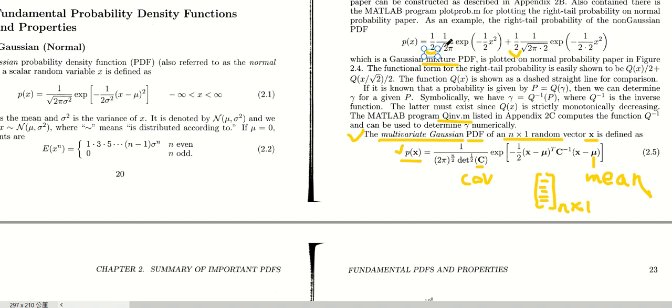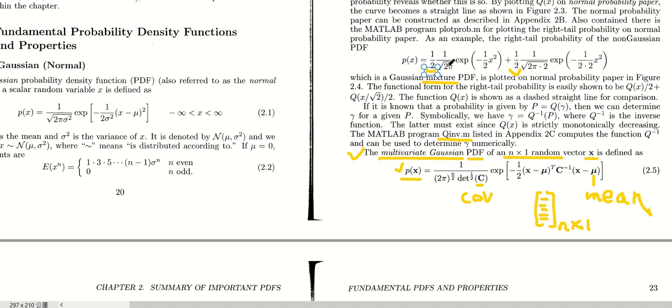You will see something here. You have 2 pi to the 1/2, right? Now you have 2 pi to the n by 2, meaning it's up to the degree n, something like 1/2 and then to the degree n, so you get n divided by 2, and then the square root of the determinant.